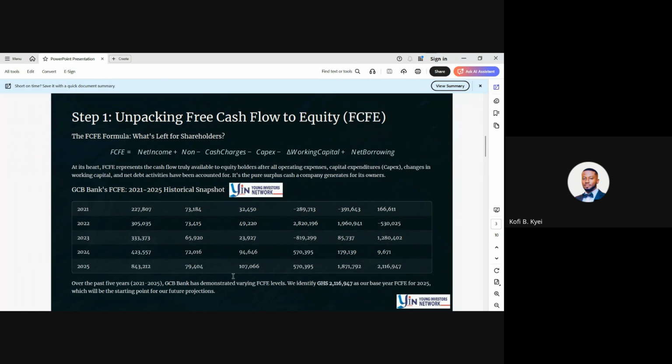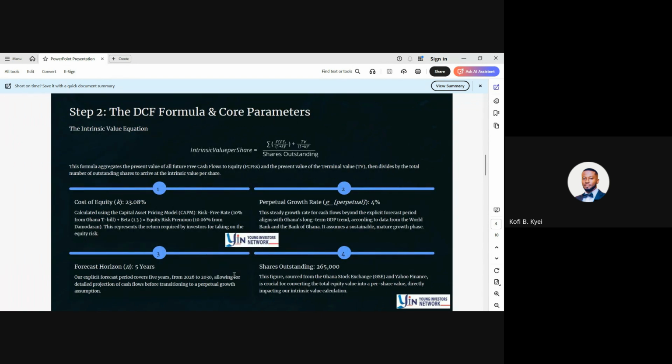Okay, so the next slide. Now we move into the DCF analysis. This formula looks some way, but for us in the field, you don't have to worry about sticking this thing in your head. It's quite basic.